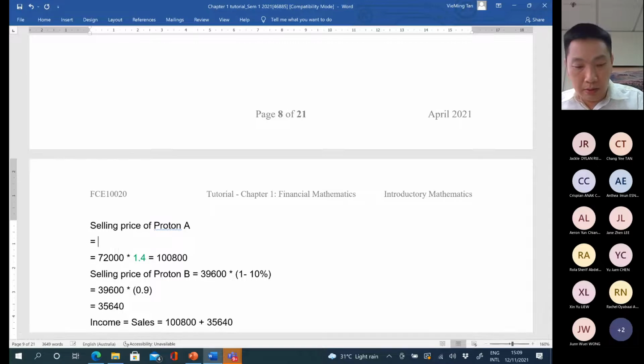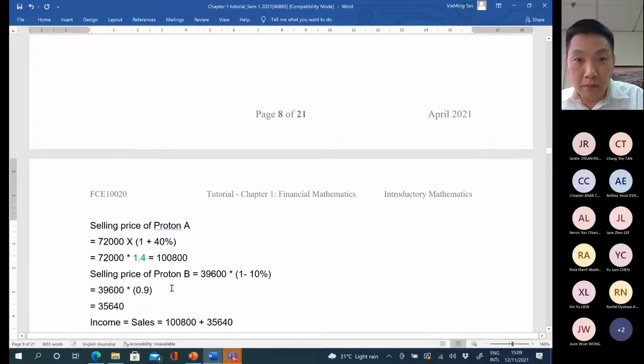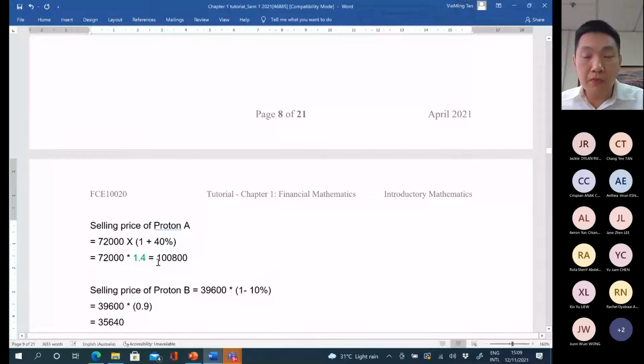This one means 72,000 multiplied. This is for Proton A. Proton B is making a loss, so we use 1 minus 10%. For Proton A, we use 1 plus 10%.